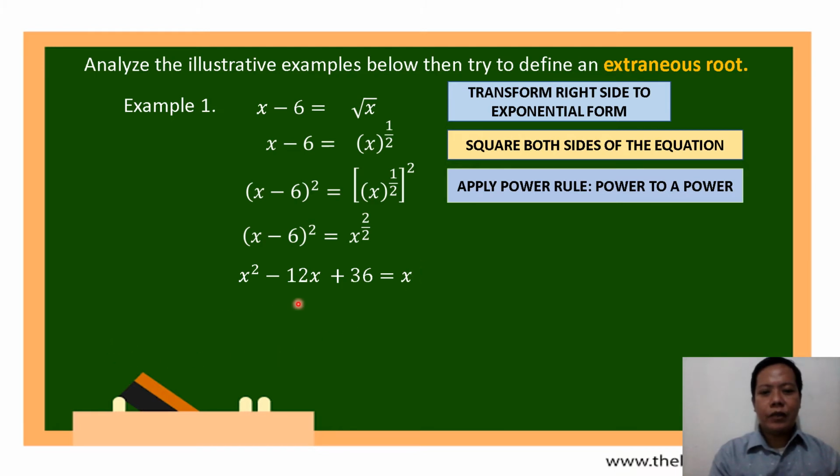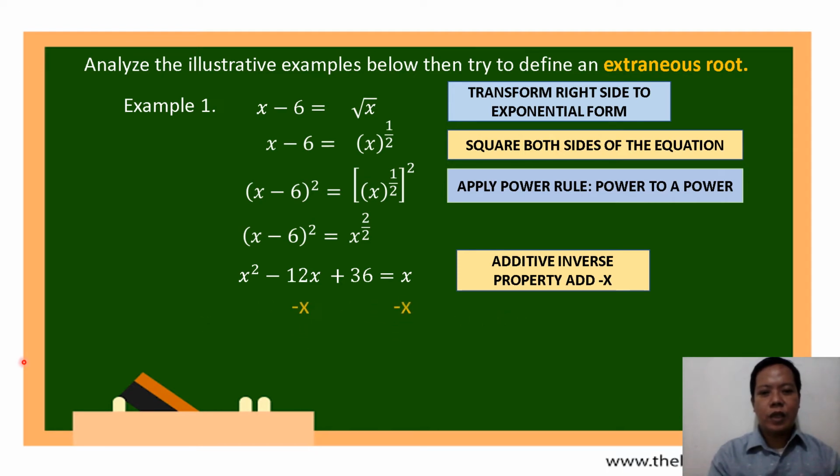After this, we're going to apply the additive inverse property: add negative x to the left and also negative x to the right. Why? We need to eliminate x from the right.